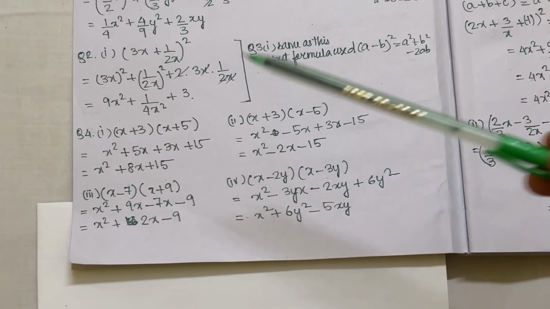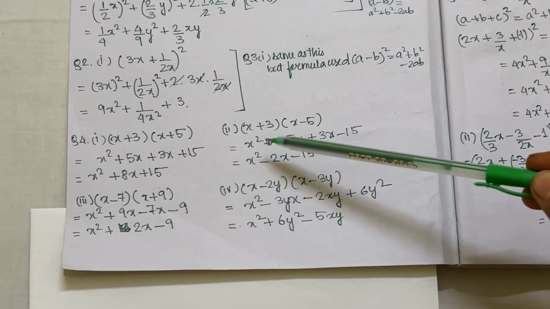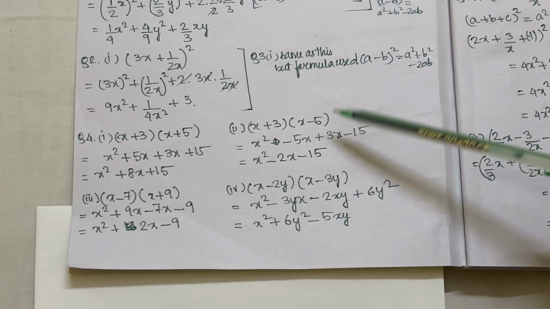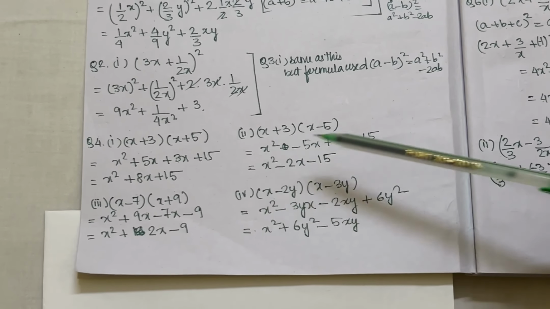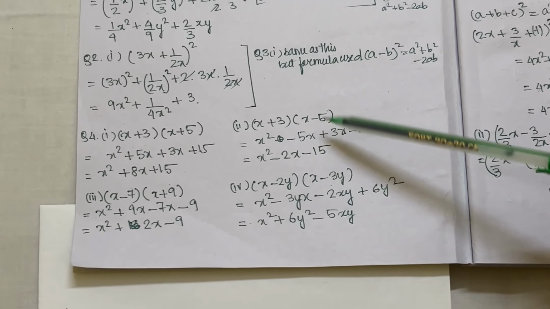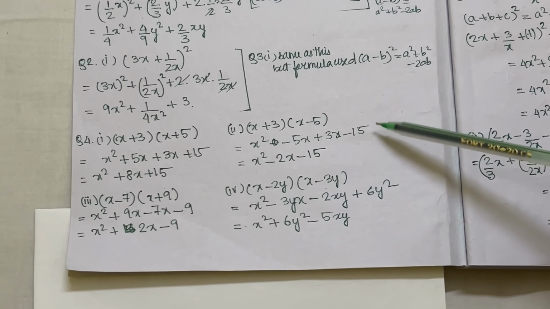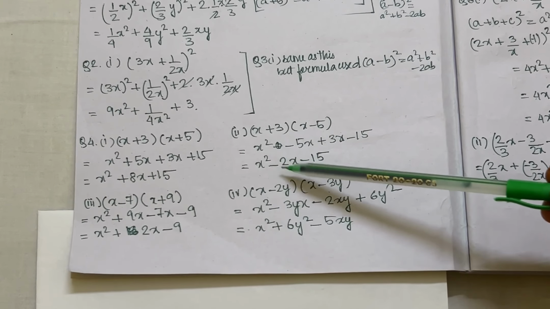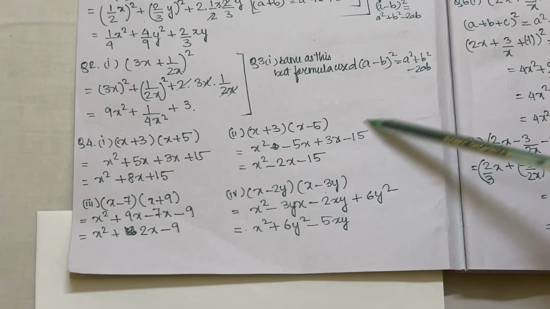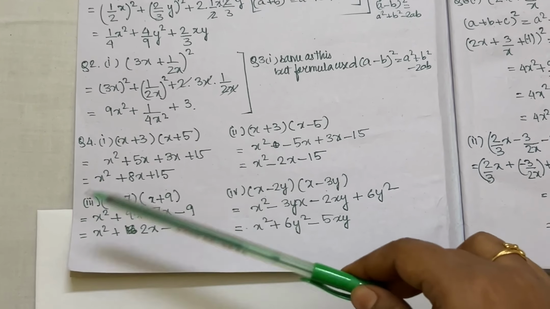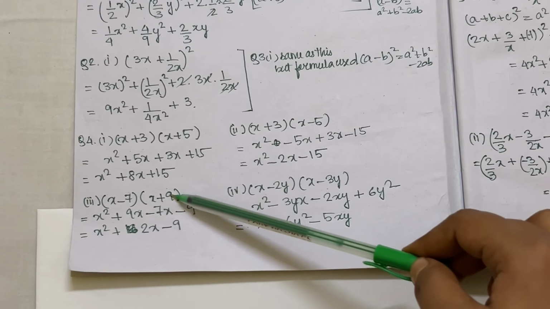Sum 2, that is (x minus 5) into (x plus 3). No formula prescribed, nothing is common, so directly multiply. That is x square minus 5x plus 3x minus 15, so x square minus 2x minus 15. That's the answer. For part 3, (x minus 7) into (x plus 9).